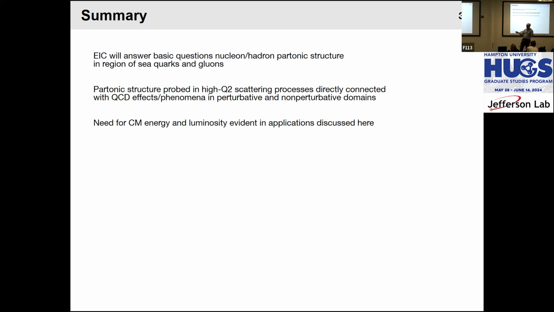So we really learn about hadrons as emergent phenomena of QCD. And the need for the center of mass energy and luminosity of the EIC is evident in all the applications that were presented here. So this concludes the first part. Thank you for your patience. Thank you for allowing us to wrap up with this. And I'd be happy to take questions.